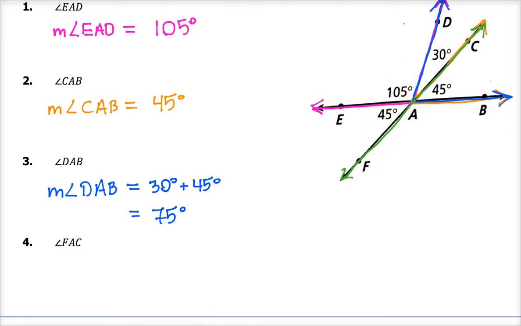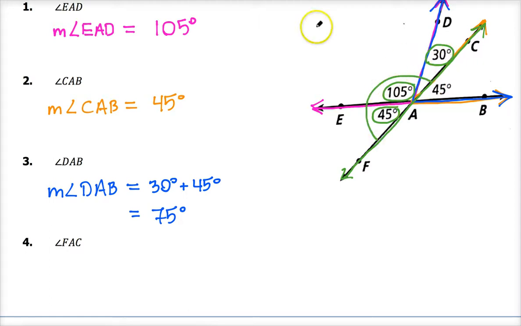And we can find the measure of this angle by looking at the three different angles that make up this green line. Notice that this angle here is comprised of three smaller angles: this angle, which measures 30 degrees, this angle, which measures 105 degrees, and this angle, which measures 45 degrees. It wraps around all the way this way.